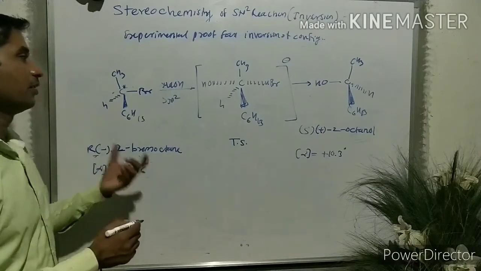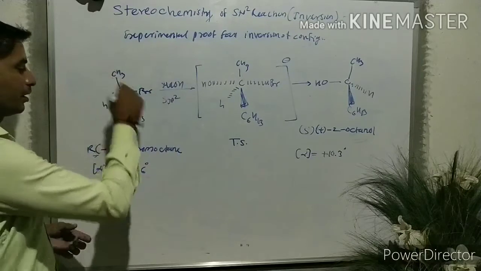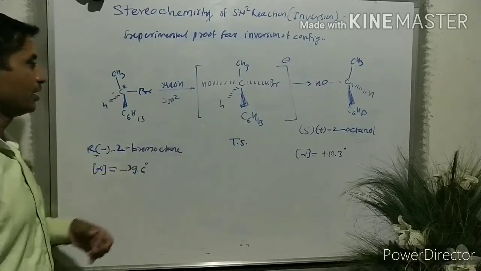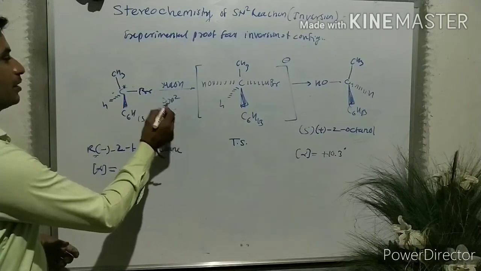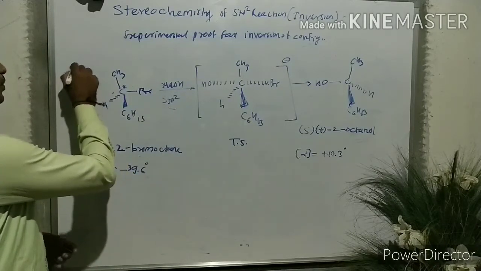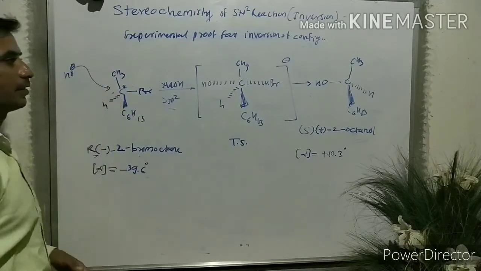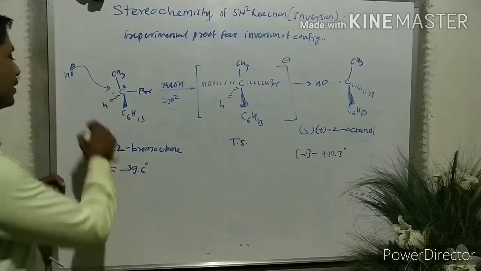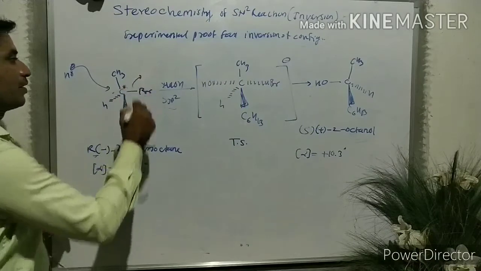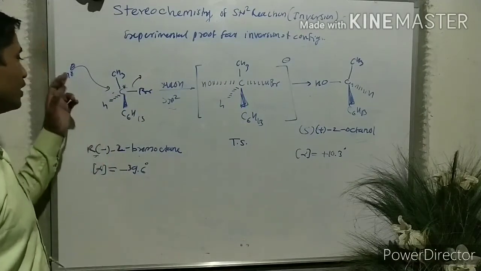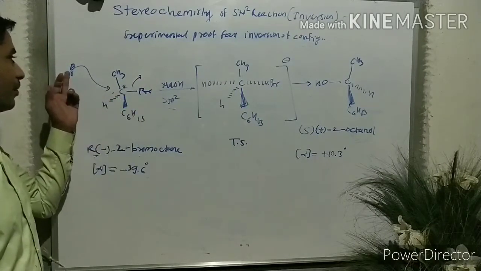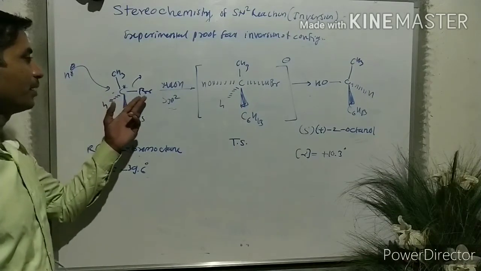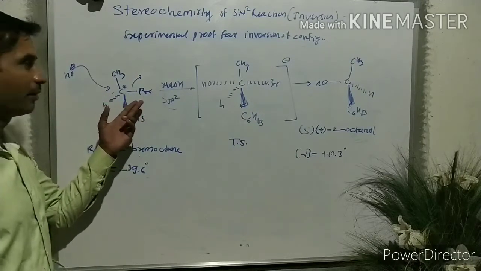If we react this 2-bromooctane with NaOH, it is an SN2 reaction, that is, attack of OH from the backside takes place. After the attack of the nucleophile, there is a departure of bromine. This is the mechanism: OH bond forming and C-Br bond breaking take place simultaneously.